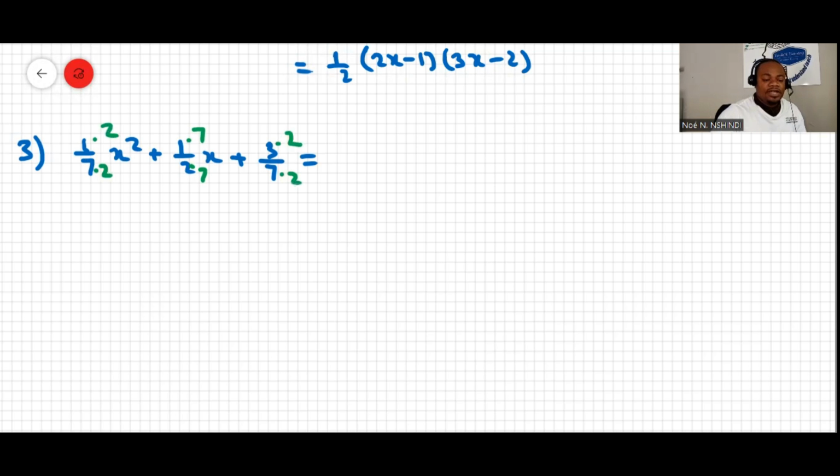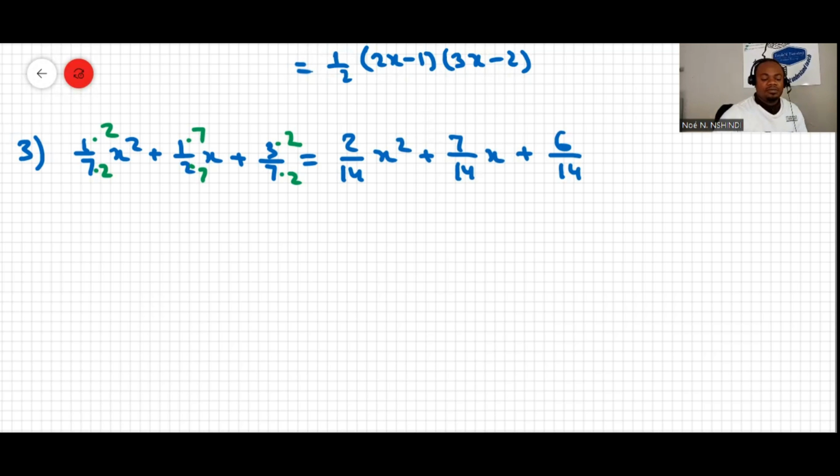Now the fraction will become 2/14 x squared plus 7/14 x plus 6/14.